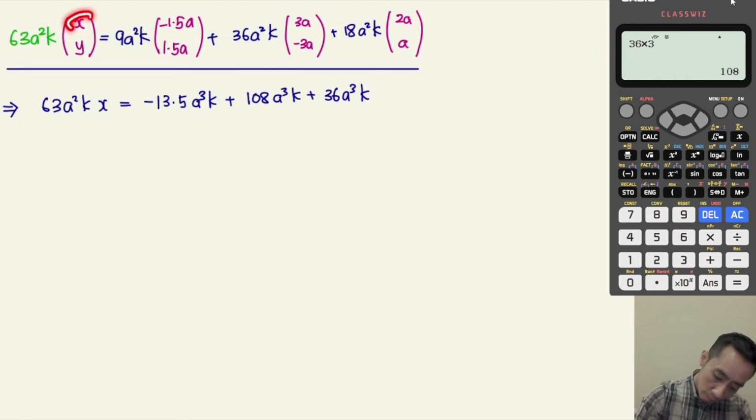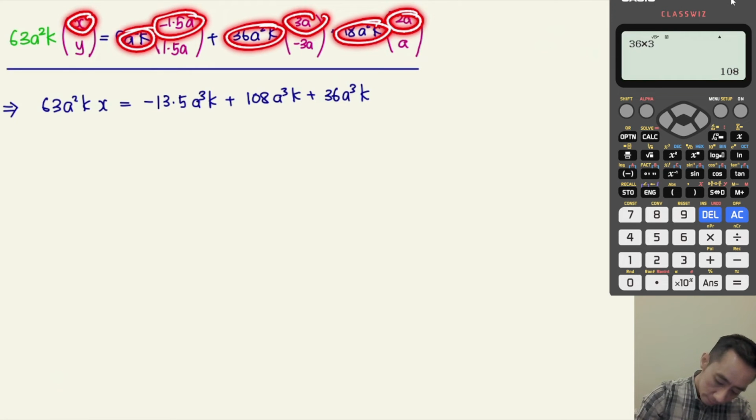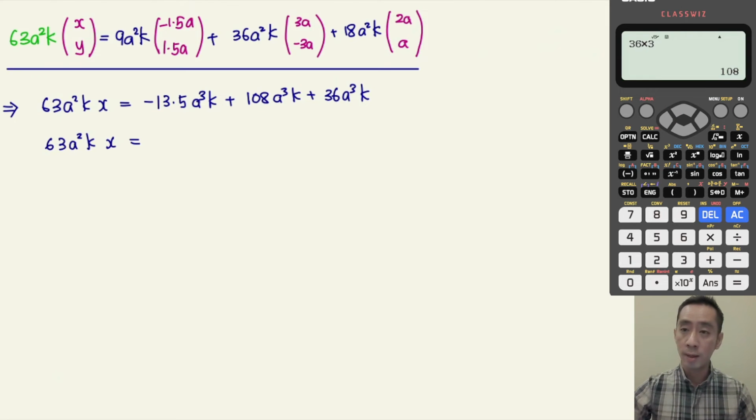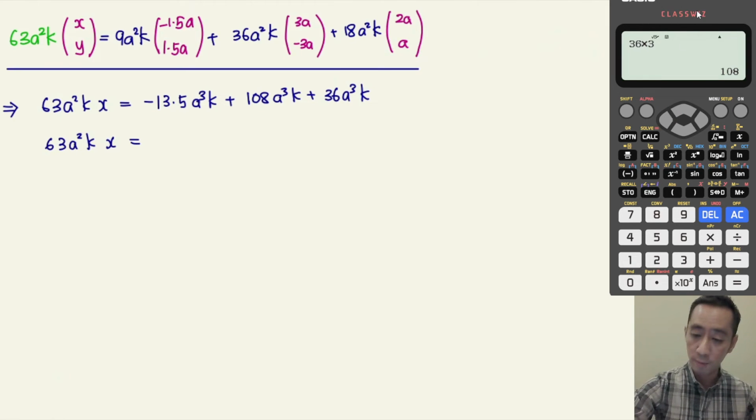So I take the top component, multiply with this. Now I try to find the value of x here. So 63a squared kx is equal to negative 13.5, sorry, 13.5, and then plus 108, and then plus 36.